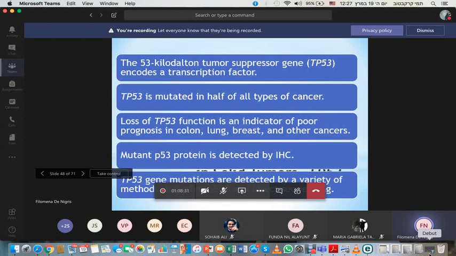We have to ask for histology and mutation, looking for a mutant state of P53 or aberrant alteration, duplication, genetic alteration of P53. When we monitor it in blood, this again means that the tumor is spreading away.